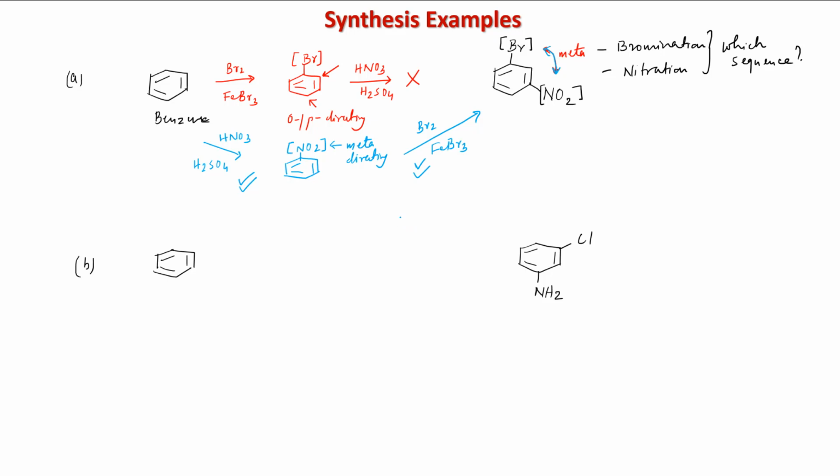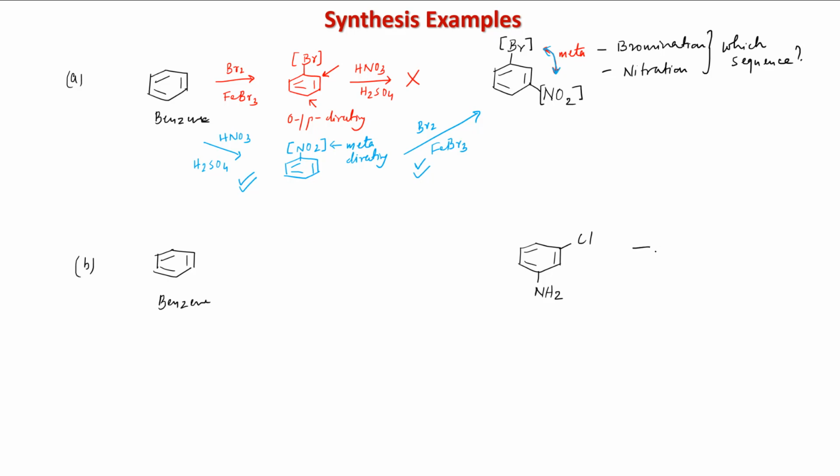So as you can see, what's important here is choosing the sequence of the reactions that we are going to do. So for the second example here, again, we start with benzene. And benzene is converted into this compound which has a chloro group and an amino group on it.